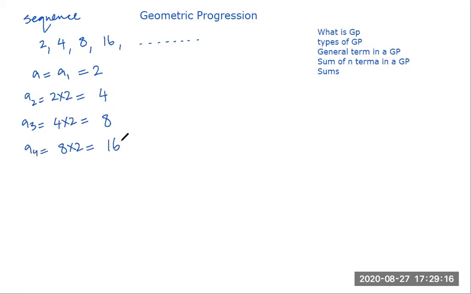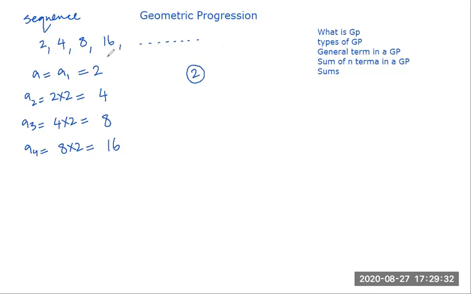So what we observe is that this number 2 is being repeatedly multiplied by the first, second, third, fourth term to give the next term.